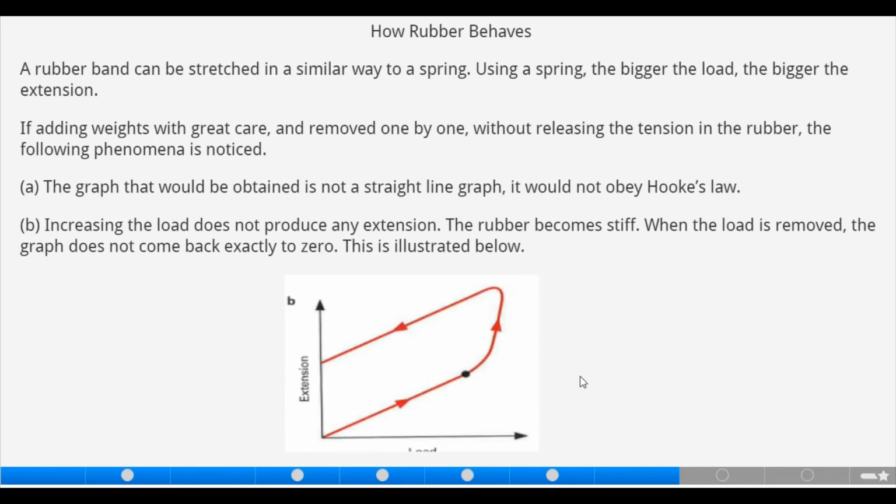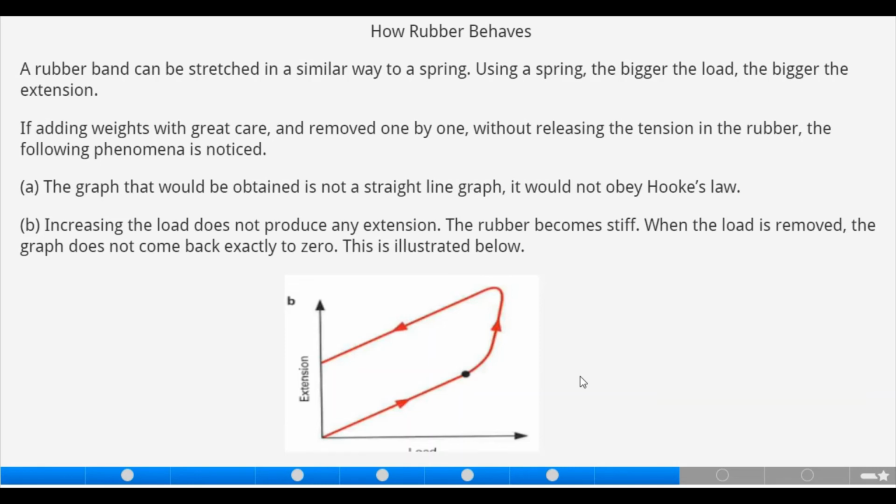B. Increasing the load does not produce any extension. The rubber becomes stiff. When the load is removed, the graph does not come back exactly to 0. This is illustrated below. We have a graph of extension against load.